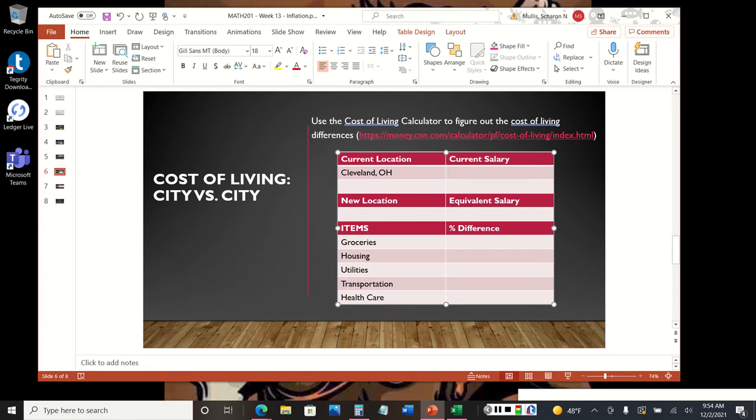So let's say our salary is $50,000 in Cleveland, Ohio. We need to find out what the equivalent salary needs to be if we decided to move to a new location. We're going to use the cost of living calculator. So I'm going to put $50,000 here in the current salary. And we're going to go to the website.